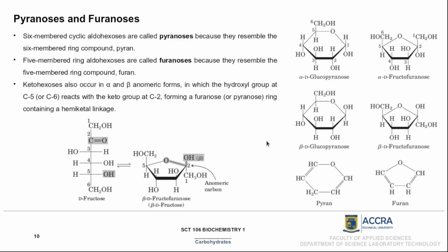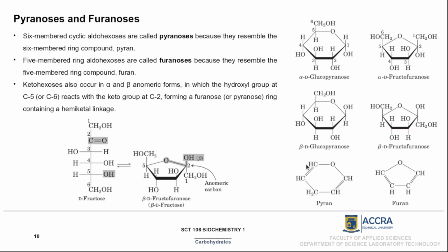Now, monosaccharides are also classified as pyranoses and furanoses, and this is because, for instance, if you take glucose, the glucose ring looks similar to that of the six-membered ring compound called pyran.